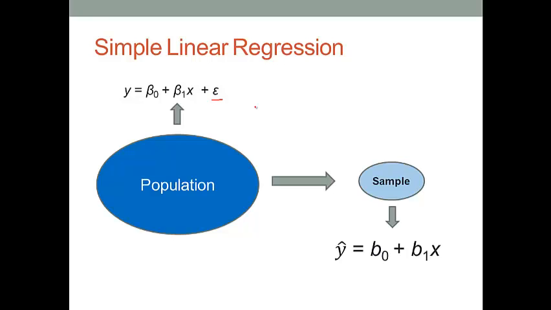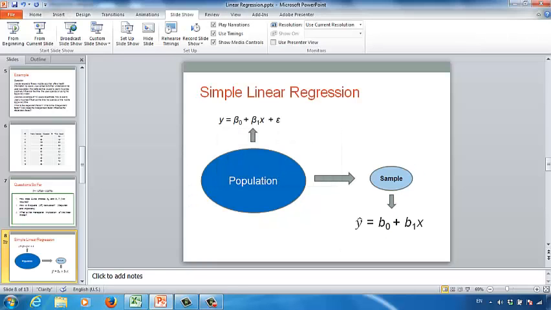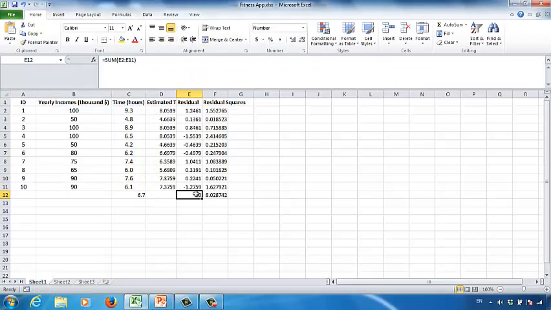Can anyone tell me why we can ignore epsilon? Do you still remember in the Excel software, when we calculate the total value of the residuals, what is the total value? It's 0, right? That's why we can ignore epsilon as well, because the total value of epsilons will also be 0.